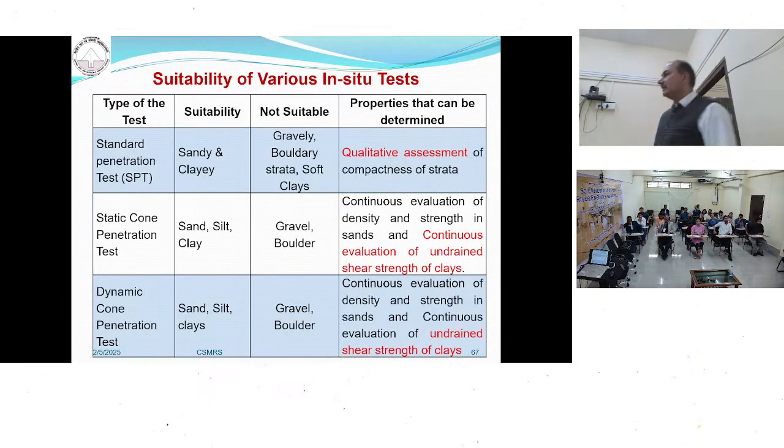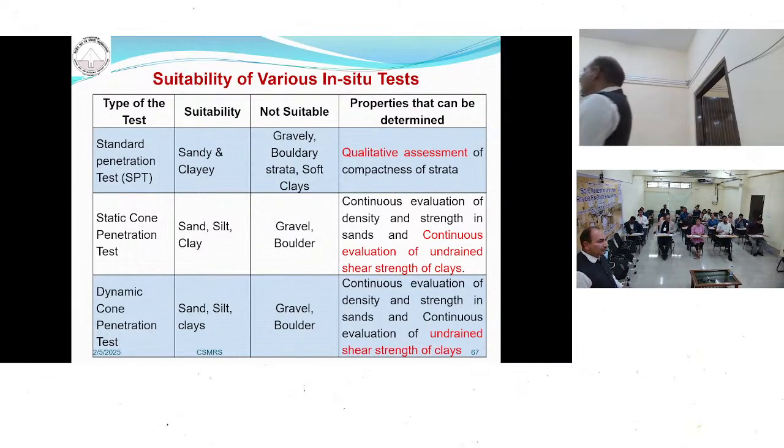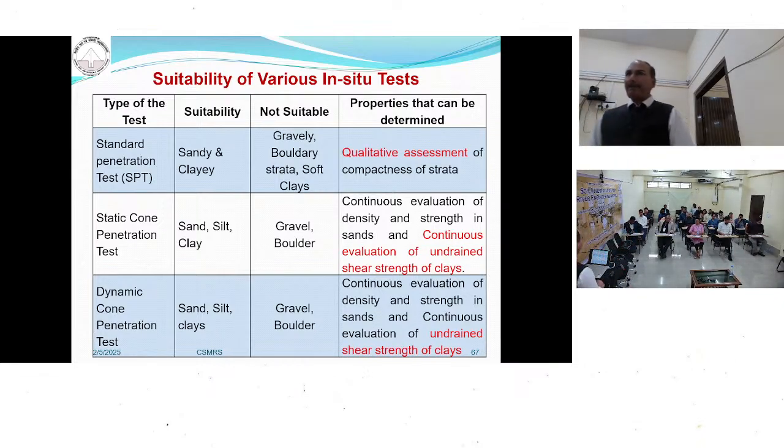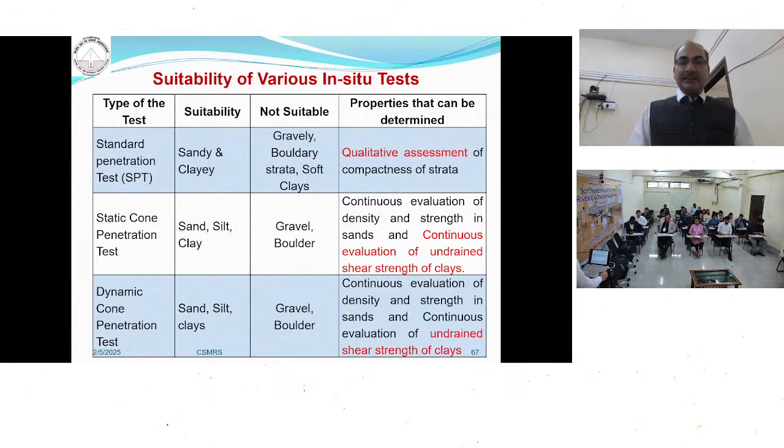Now this is the suitability. This is my slide. This will tell you the suitability of the various tests in the field. Where can we do the SPT test, and what kind of strata should it be? The SPT test is very suitable for sandy and clay strata, but if there are gravels and boulders, you cannot conduct the SPT test.